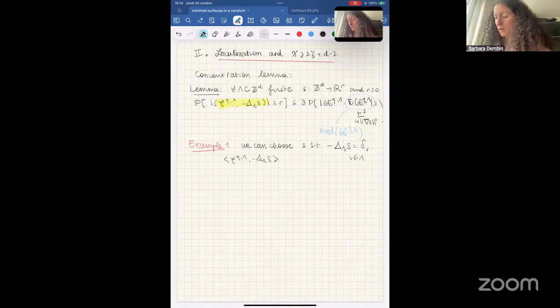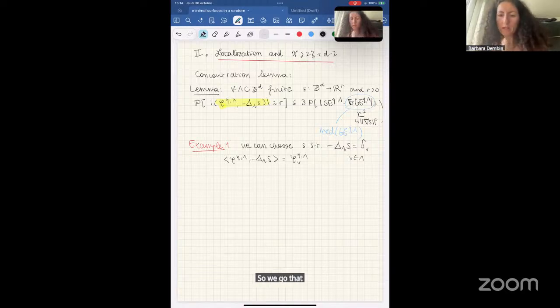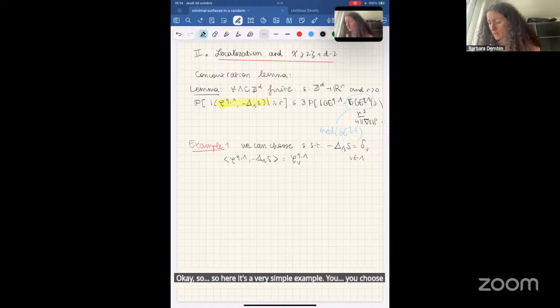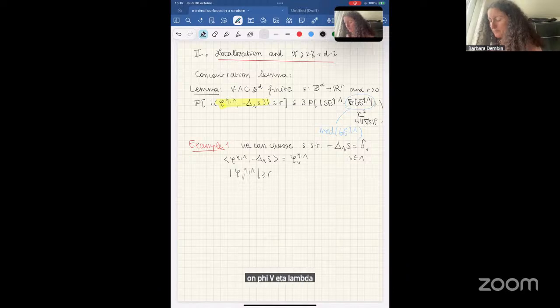So this linear product is just phi at V. Recall that phi eta lambda is the minimizer of the energy when you restrict to lambda. Okay, so here it's a very simple example. When you choose S like that, you can have a control on the probability that phi V eta lambda is larger than R.